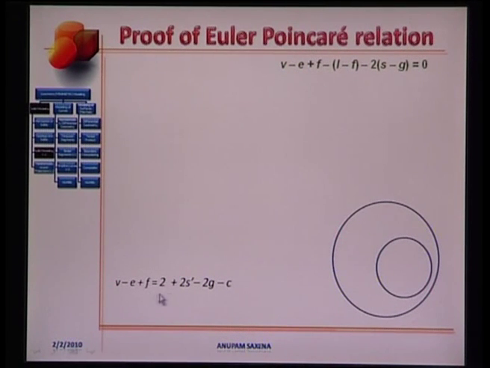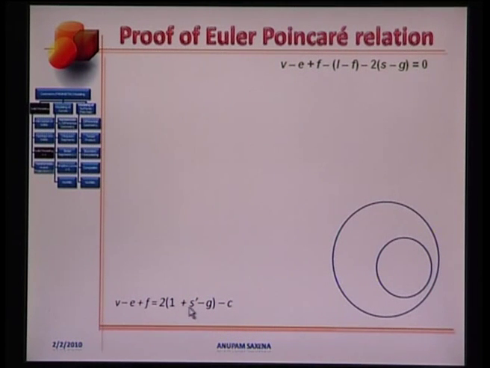I can manipulate this right hand side further. I can factor 2 outside, and I can rewrite the right hand side as 2 times, within parenthesis, 1 plus S' minus G minus C, outside the parenthesis. Once again, S' is the number of additional shells that I have introduced within the parent shell.